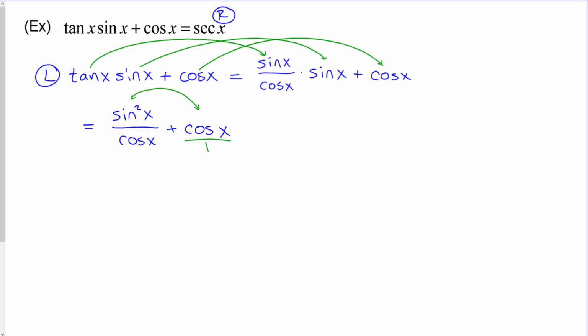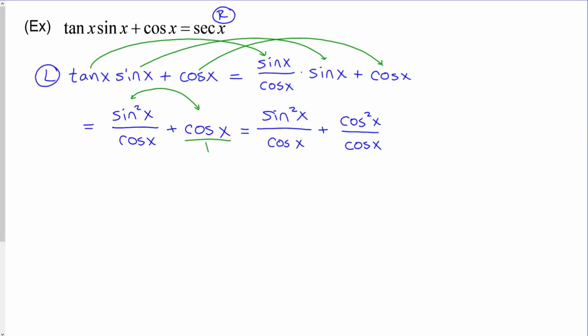The common denominator would be cosine x. I don't need to do anything to the first fraction. For the second fraction, I need the denominator to look like cosine x. I multiplied 1 by cosine x to get that, so I need to multiply the numerator, cosine x, by cosine x to get cosine squared x in the numerator.